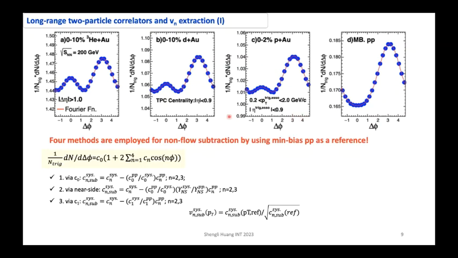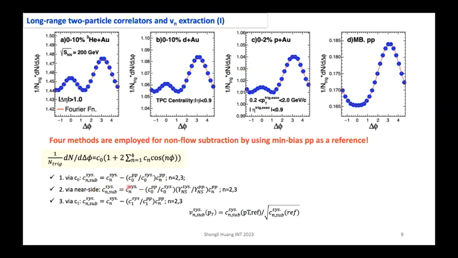So we use four well-developed methods. The first three methods come from the Fourier fit to the two-particle correlation. First, we call it the C0 method. The formula is shown this way. In general, we use pp as a reference, diluted by the difference of the multiplicity. Then we can subtract this as non-flow.